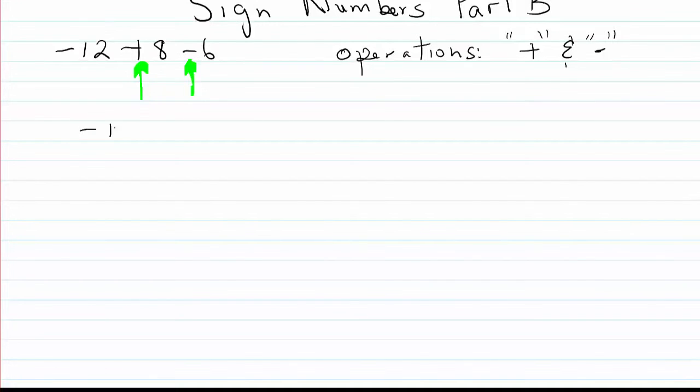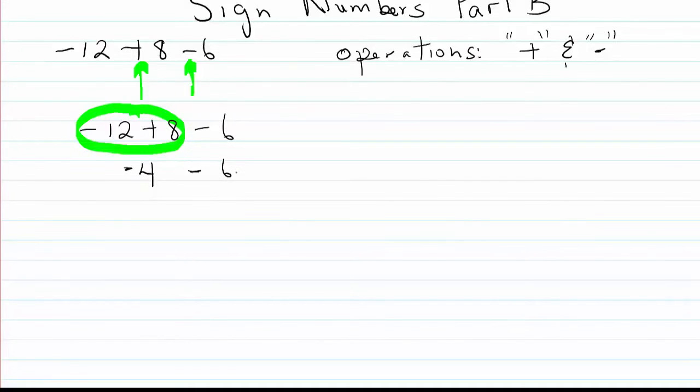So -12 plus 8 minus 6, I will work these two first. And as indicated before, if the signs are different, we subtract, and we take the sign of the larger magnitude, which will be minus. I then bring down my -6, and now I work these two, and that gives me -10.